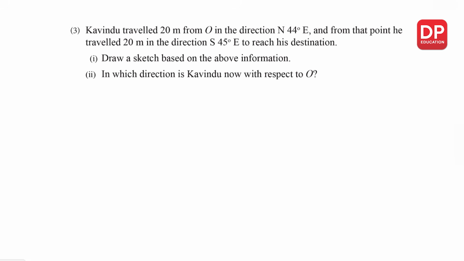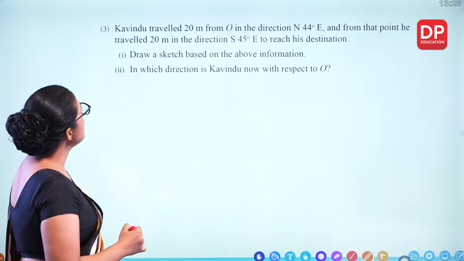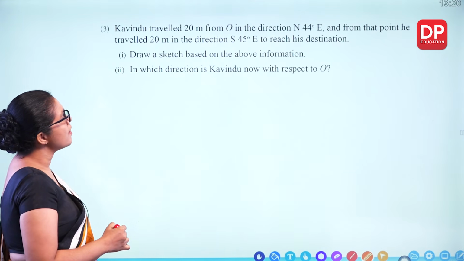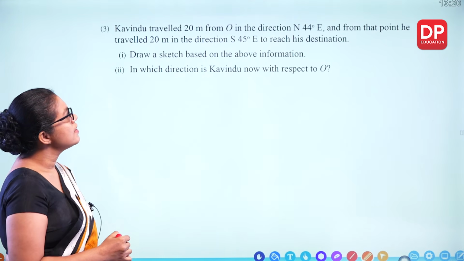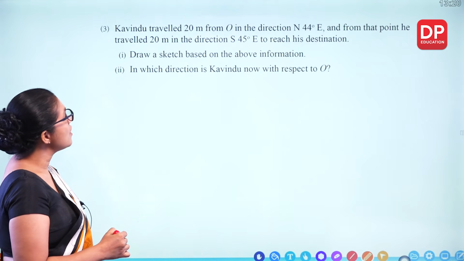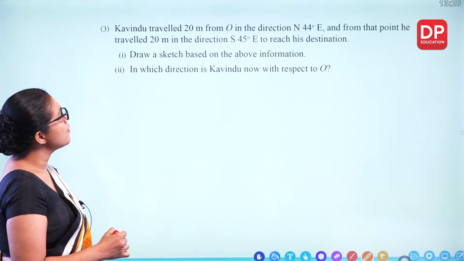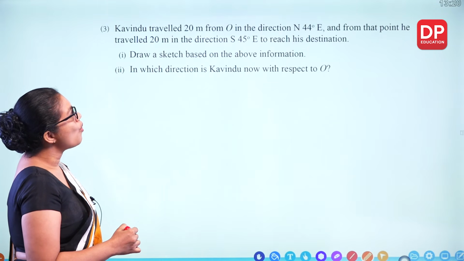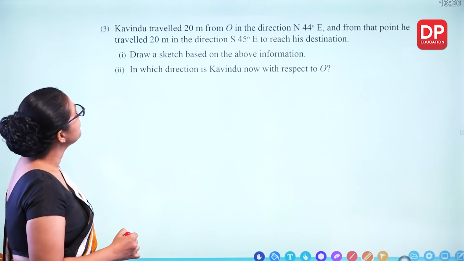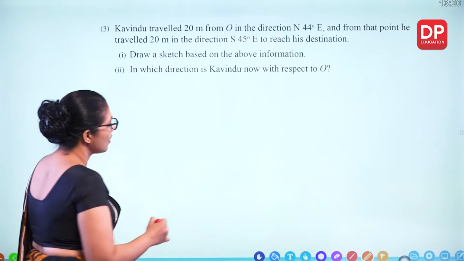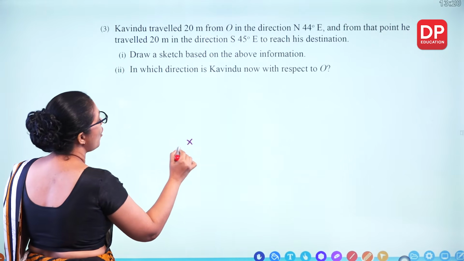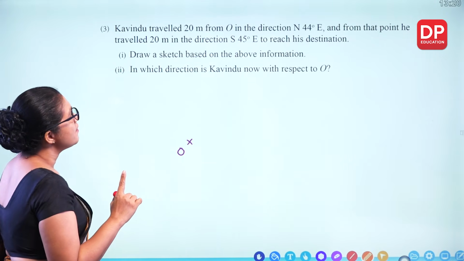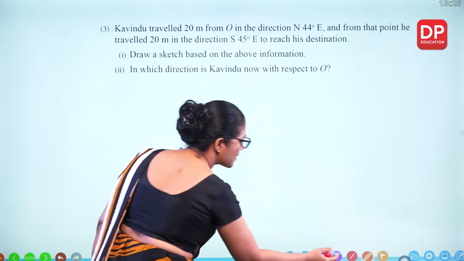Kavindu traveled 20 meters from O in the direction north 44 east. And from that point he traveled 20 meters in the direction south 45 degrees east to reach his destination. Draw a sketch based on the above information. In which direction is Kavindu now with respect to O? So we'll take from point O, in the direction north 44 east.